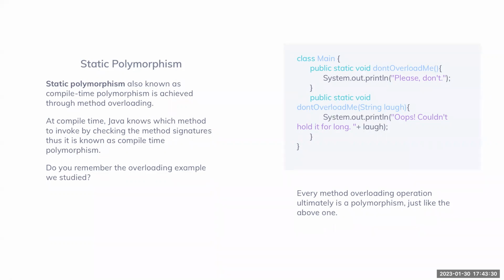Java decides when we compile, by checking the method signatures, which method to invoke. Thus it is known as compile time polymorphism. Every method overloading operation is ultimately a polymorphism.